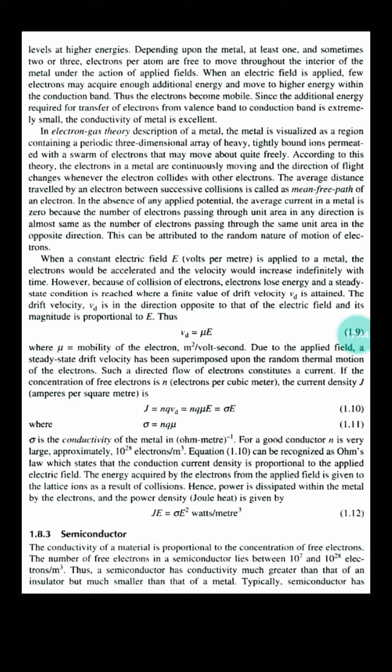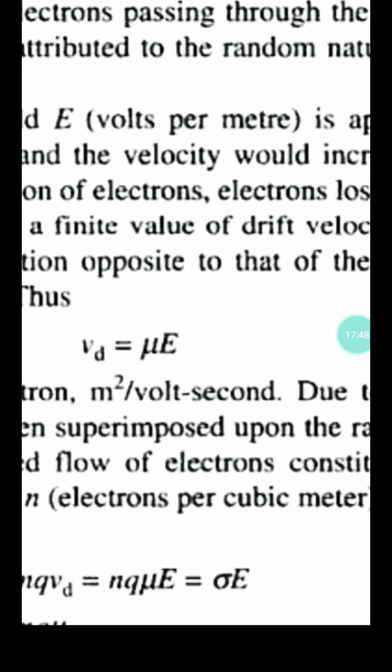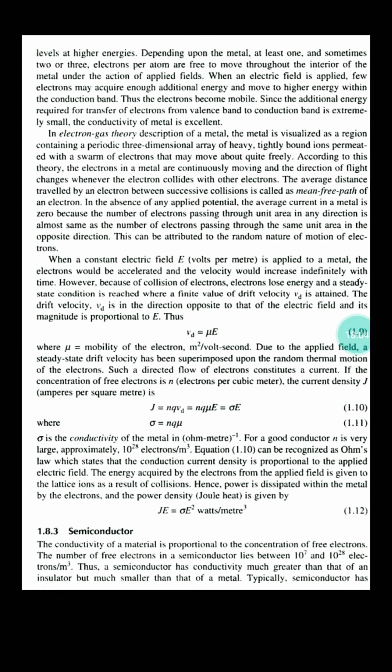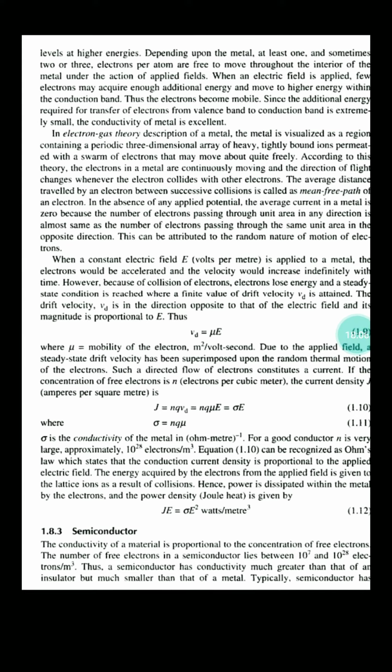Let us take one metal with some electric field E bar applied. That metal has some electrons, which would be accelerated with a velocity. However, because of collisions, electrons lose energy in a steady state condition.